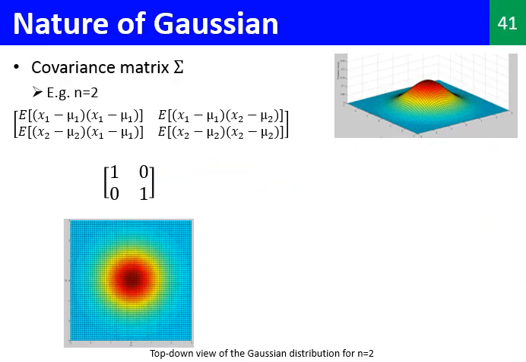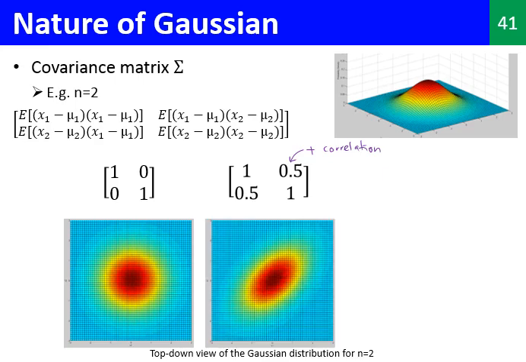Finally, if I introduce some covariance, or in simple words, if the two random variables have some connection between each other, what will happen to the shape? So what I'm saying is, in my covariance matrix, now there is some correlation. Okay, so this is positive correlation. So what would the shape be like? Now since there is positive correlation, the shape would get skewed in this direction.